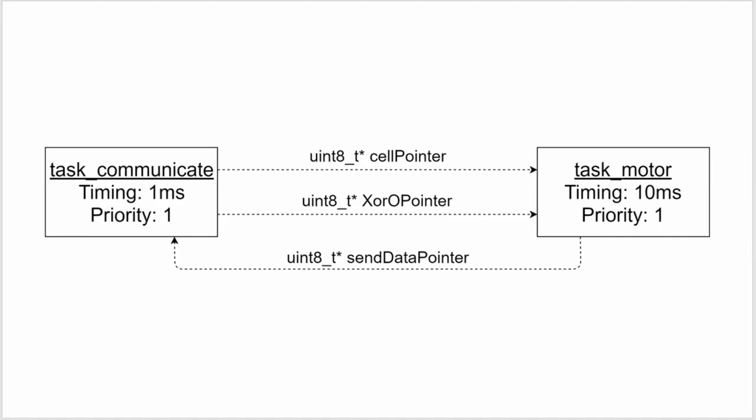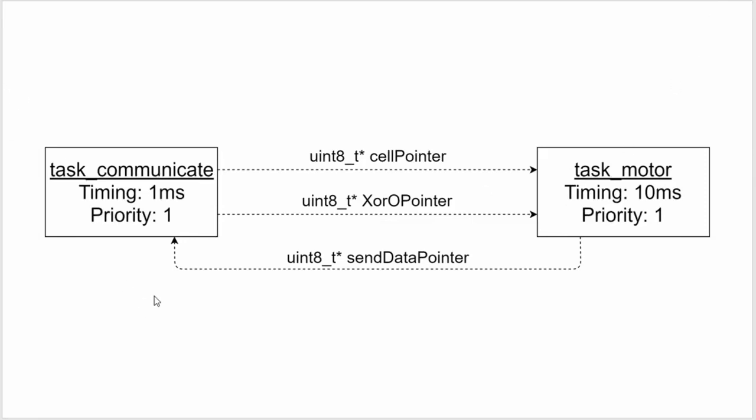The cell pointer indicates what cell to play in, the XO pointer indicates which character to play, and the send data pointer is a simple flag that tells the microcontroller when to communicate back to the UART port to indicate that it is done making its move.